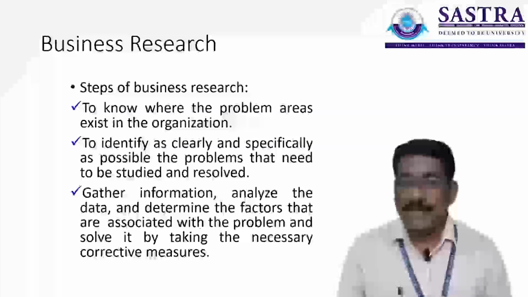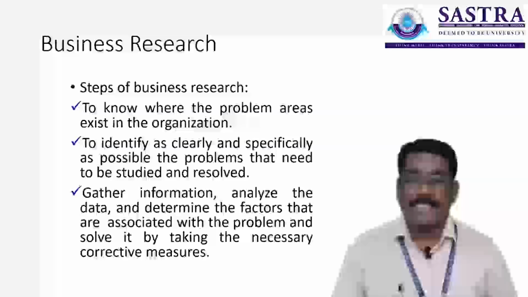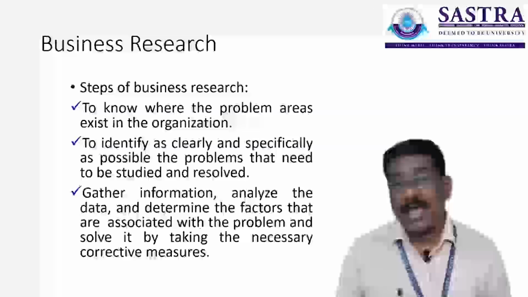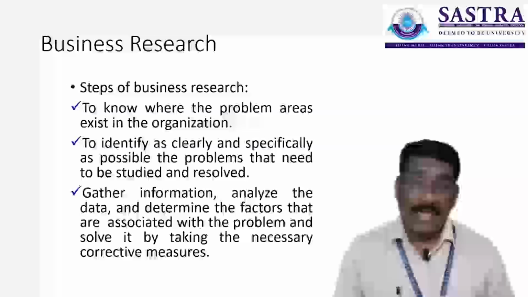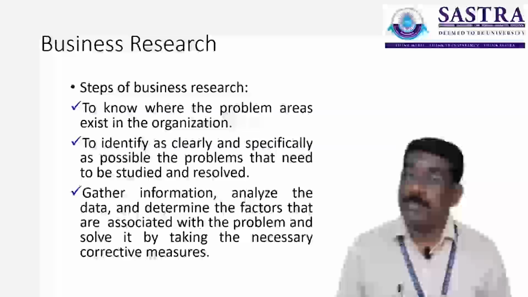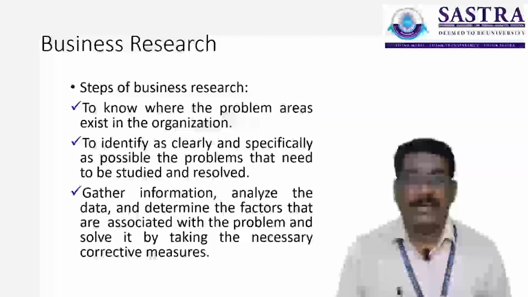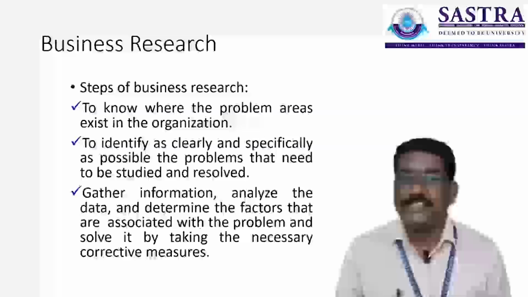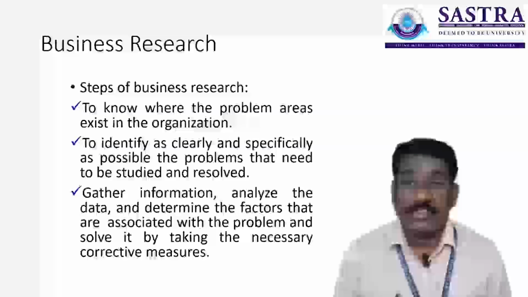The next aspect here is gathering information. I was mentioning that there is a lot of data available. Broadly speaking, there are two types of data: primary data and secondary data. Once the data is collected and analyzed, it becomes information. So analyze the data and determine the factors that are associated with the problem.